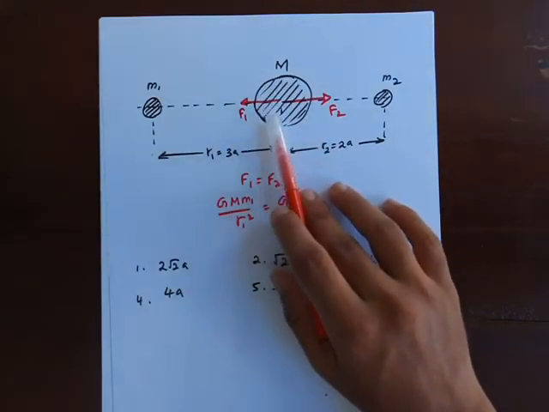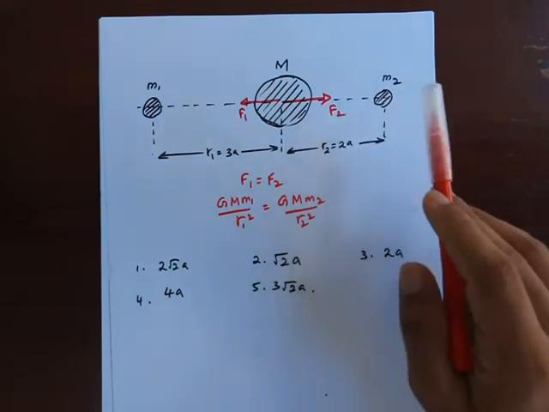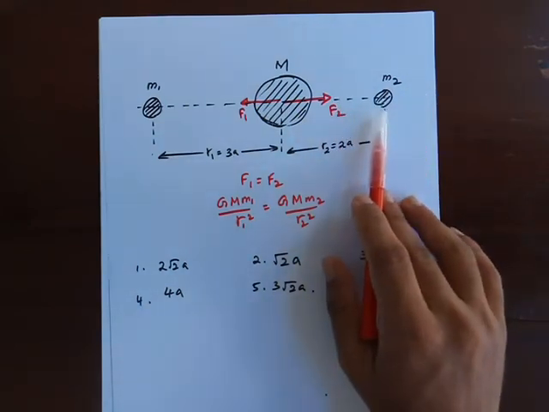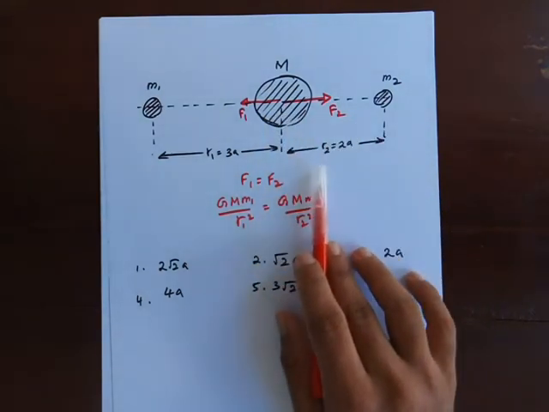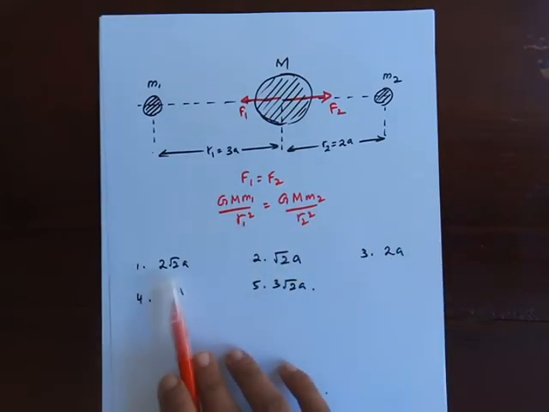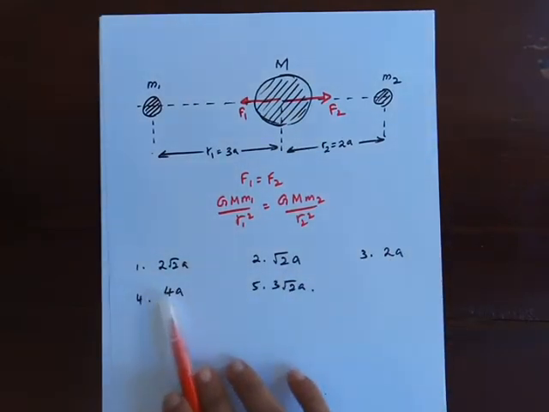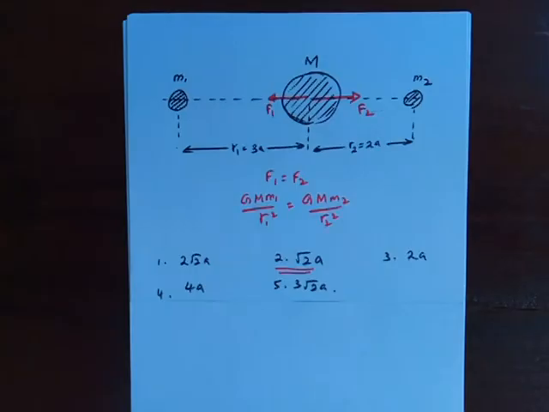So in order to keep this mass balanced, we have to increase this force as well. We can do that by bringing this mass closer to this mass. Bringing this mass closer means R2 will have a value less than 2a. Under the given choices, the only value which is less than 2a is this one. So the answer is the second one.